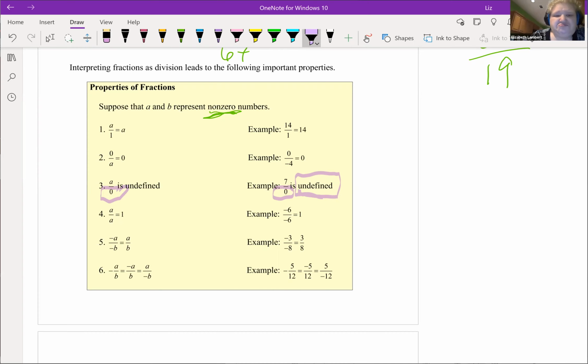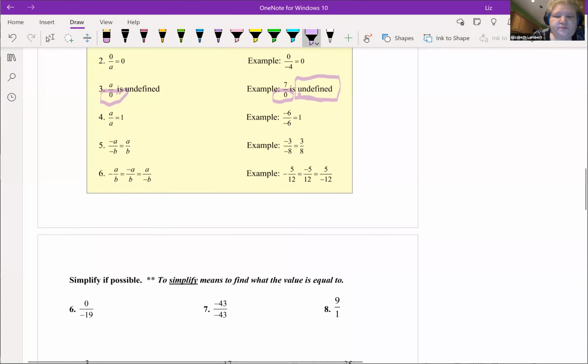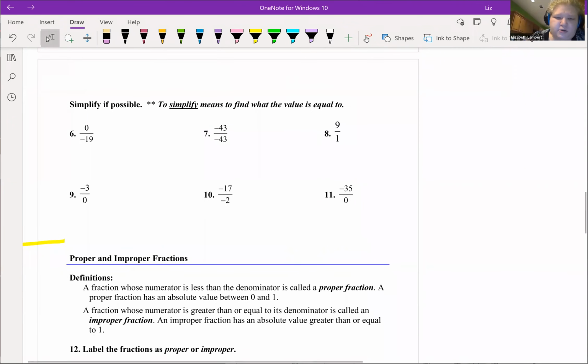All right. And then just a quick putting it out there, simplify. So legit, you could type these on your calculator and it will simplify them for you. But most of these we should be able to do. I have 0 copies of negative 19ths. It's still 0.